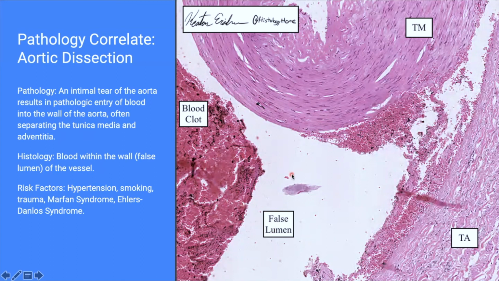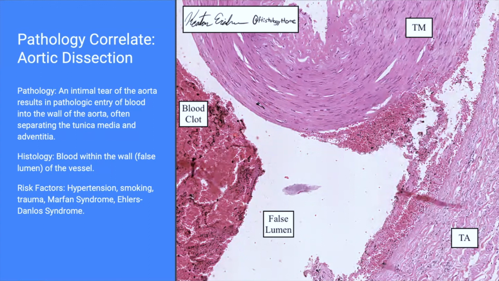And we know it's a false lumen because we can see that this layer here is a very clearly defined smooth muscle layer. And then out here, all we're seeing is connective tissue. So we know that blood should not be here because the normal structure of a wall should go tunica intima, tunica media, and then a connective tissue, tunica adventitia, on the outside.